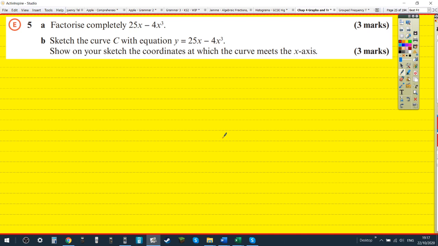So put into the calculator minus 4x cubed, add 0x squared, yeah, well done, and then plus 25x, which gives you x1 is 5 over 2, or 2.5. x2 is minus 5 over 2, or minus 2.5.